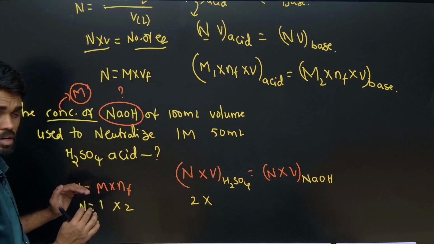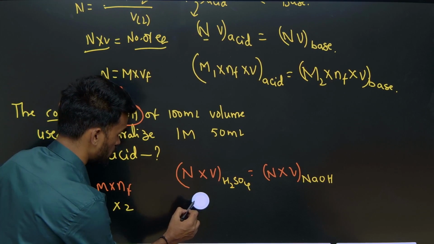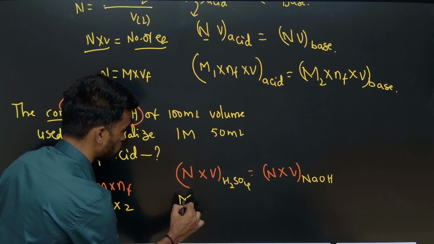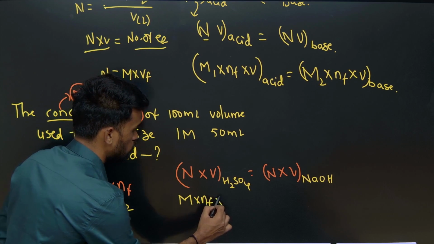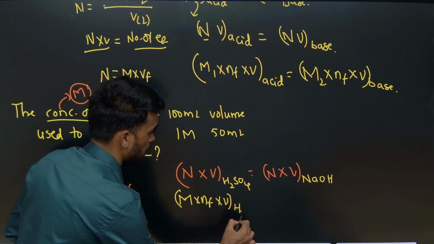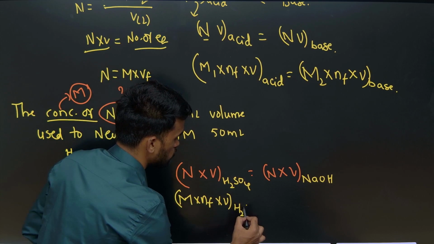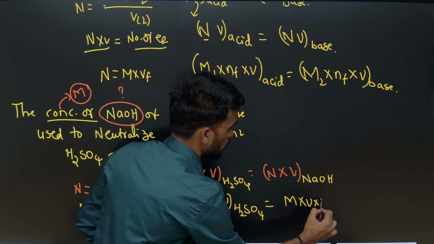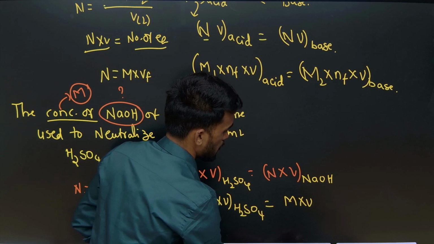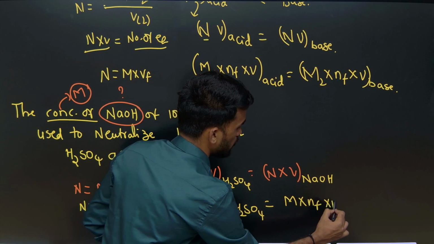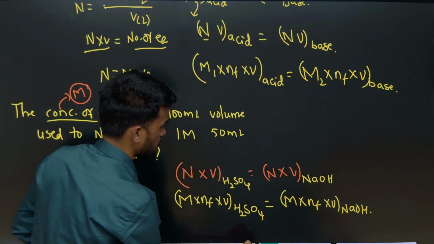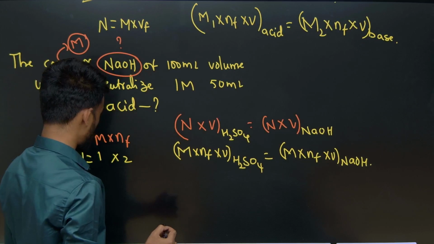I hope you got how I am writing this, or if you want you can take one more step by writing M into N factor into volume of this sulfuric acid, which equals M into N factor into V of this base NaOH, right? You can write like this. And here what is the molarity they have given?